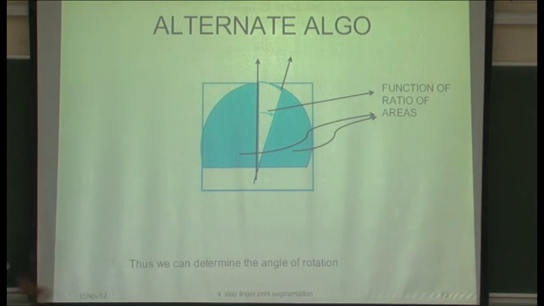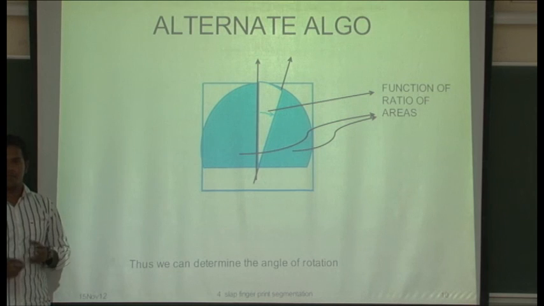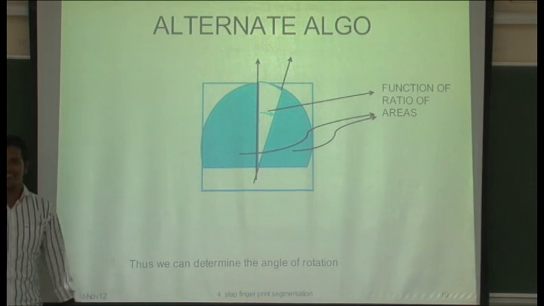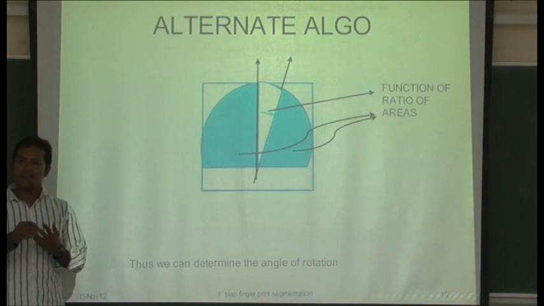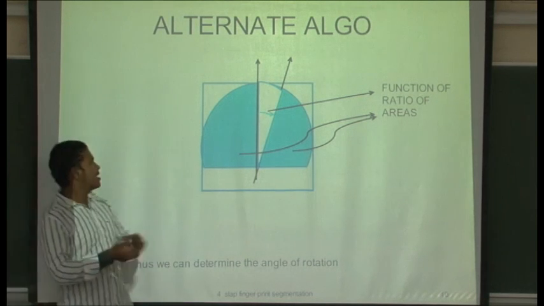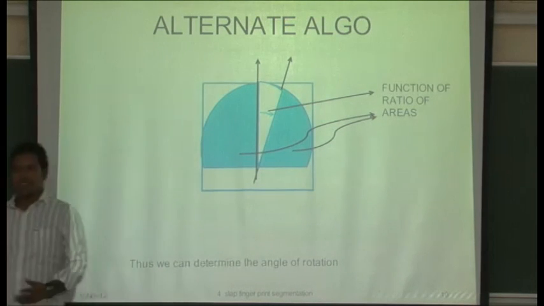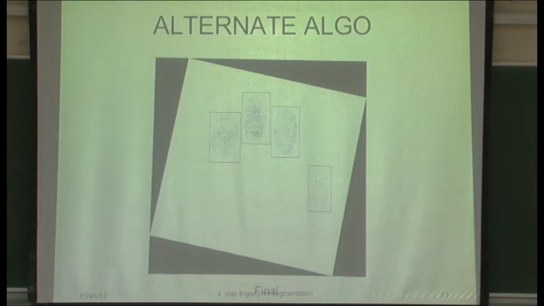The basic assumption is the finger is symmetrical, that is, only the middle finger top part should be symmetrical. If it is twisted, the ratio of the area will give you the angle, and we can find out the angle. So this is what I have.